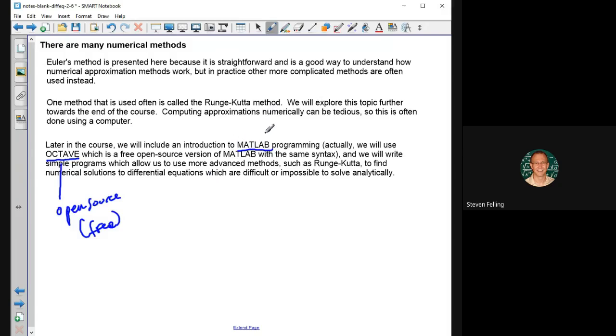We may have actual MATLAB installed if we're doing this on computers at school. If we're still at home in some way, we might need to have you install this free program if you're willing to. I know we'll talk about that when we get closer to the end of the class, but we'll at least show you so that you have notes on how to use a free program called Octave to come up with numerical methods and solutions.